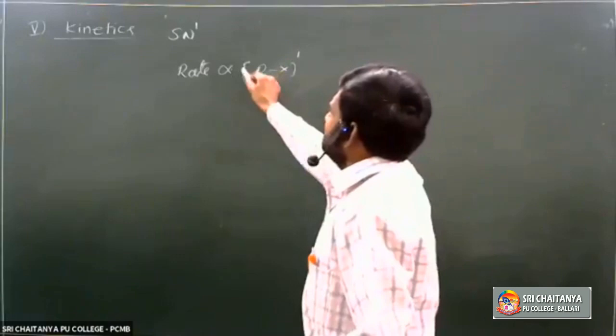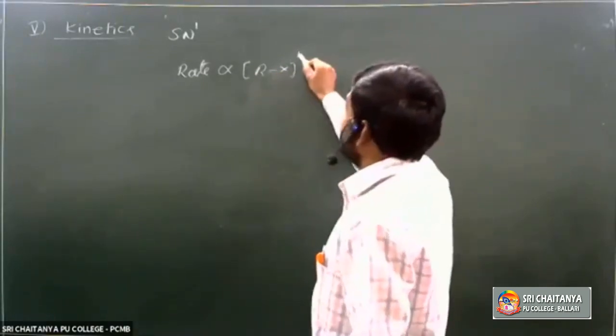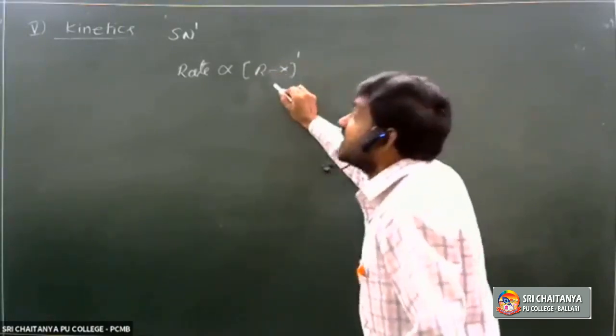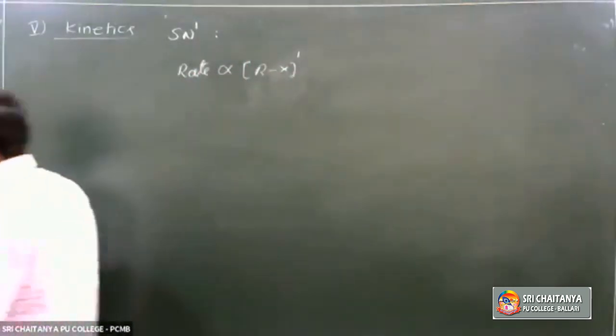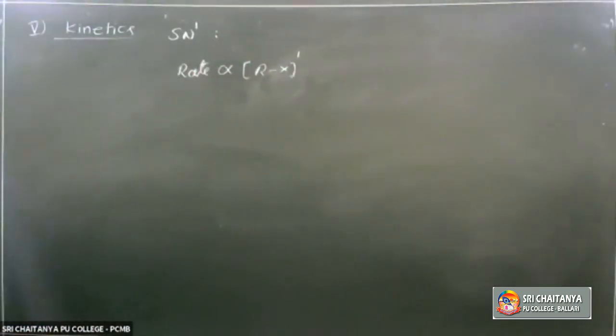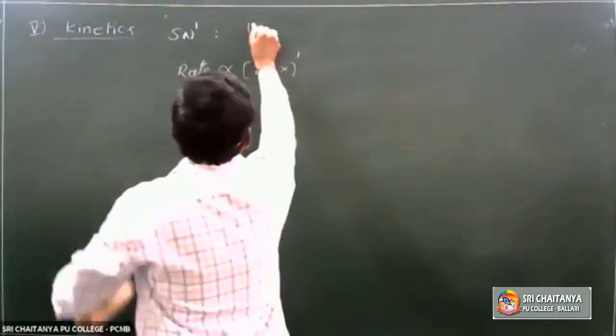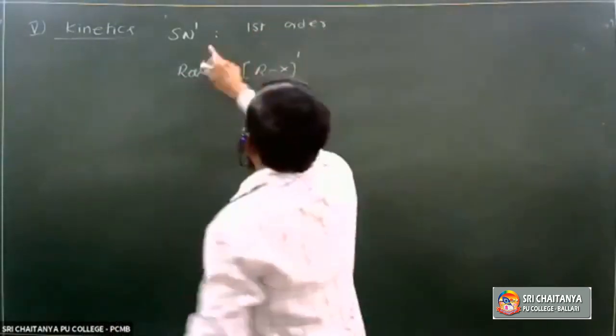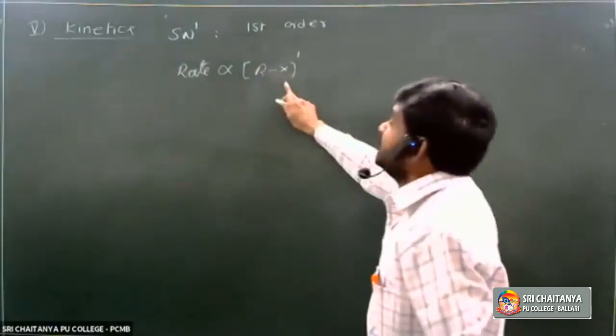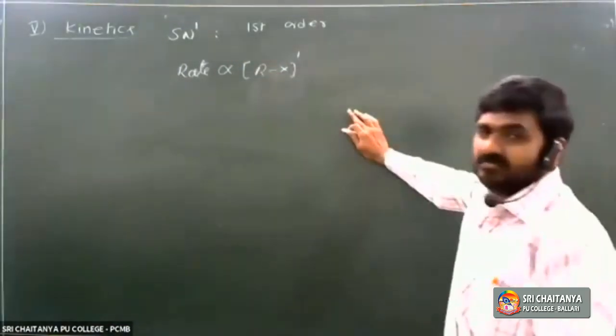The power of the concentration term is called the order. So SN1 is first order kinetics. First order kinetics means the rate depends on only one concentration term.